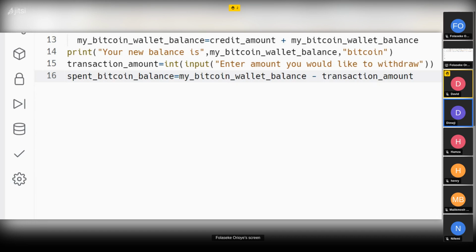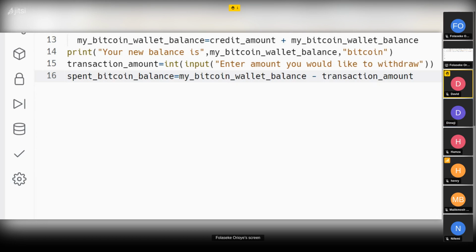So it is telling us about the spent Bitcoin balance, like the money that is spent, just like the 1,000 that I spent.